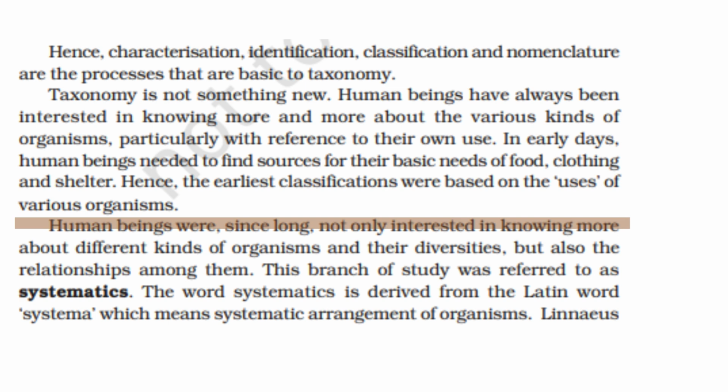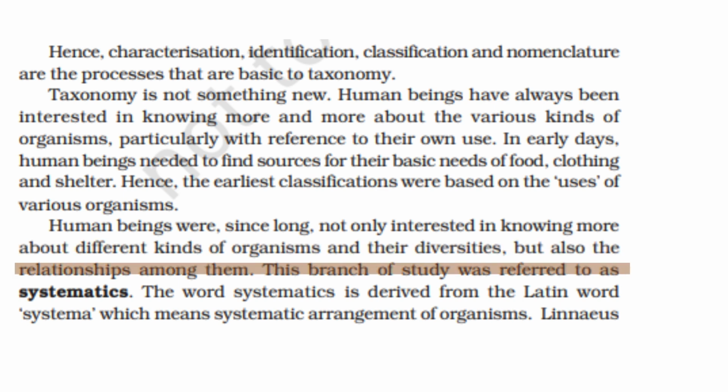Human beings were since long not only interested in knowing more about different kinds of organisms and their diversities, but also the relationships among them. This branch of study was referred to as systematics. The word systematics is derived from the Latin word systema, which means systematic arrangement of organisms.